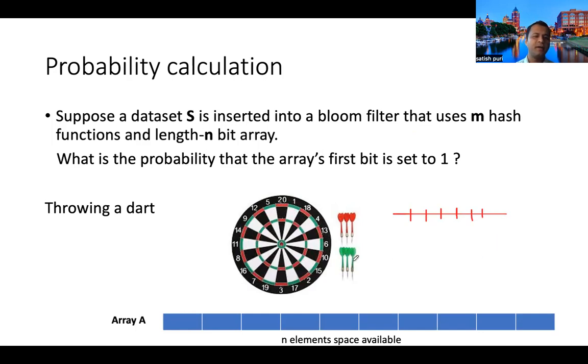So it helps to think about the bit array as throwing a dart and your dart landing in one of the areas. If there are 20 places where your dart can land, the probability that it will land in any one location is 1 over 20.